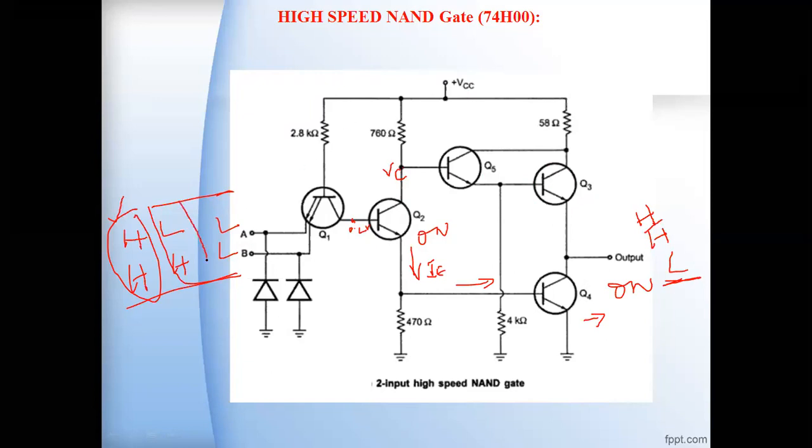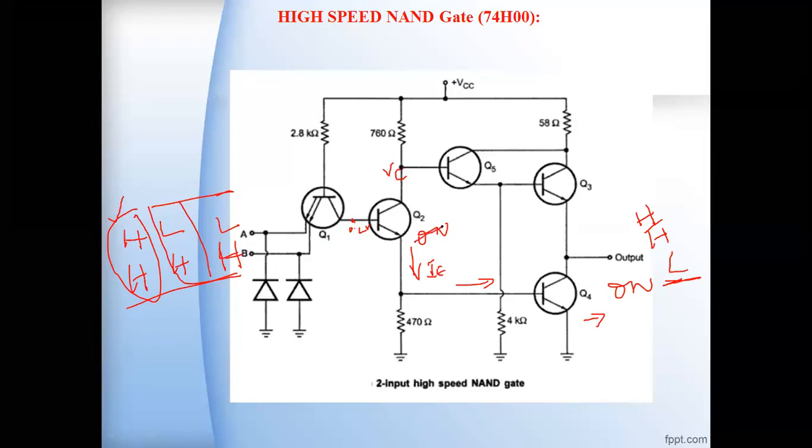The other condition: one of the inputs is at low state and the other input is at high state. Because of the lower input, the transistor Q1 is still on. When Q1 is on, the collector voltage of Q1 is dropped. That insufficient voltage cannot drive the transistor Q2, which means Q2 is now off, for the low and high state condition.